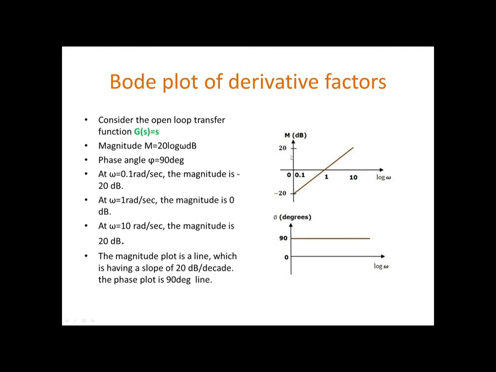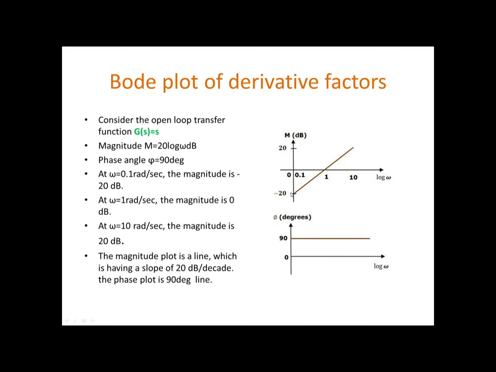The omega at this line is 0.1, and then it changes per decade: between 0 and 1 there is one decade, 1 to 10 is another decade, and 10 to 100 is another decade. So at omega equal to 0.1, the magnitude is minus 20 dB.